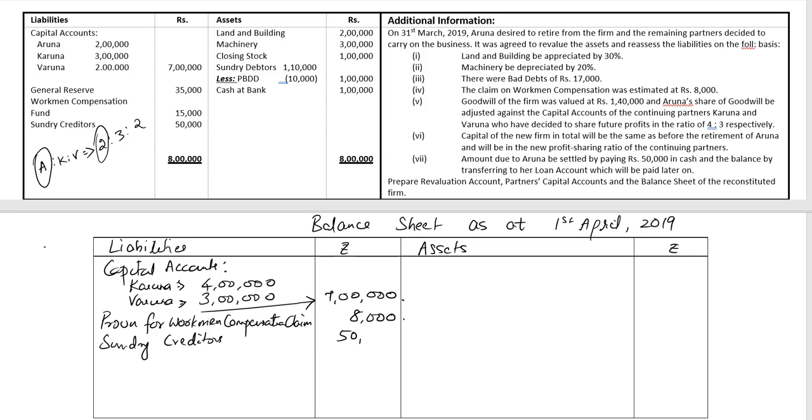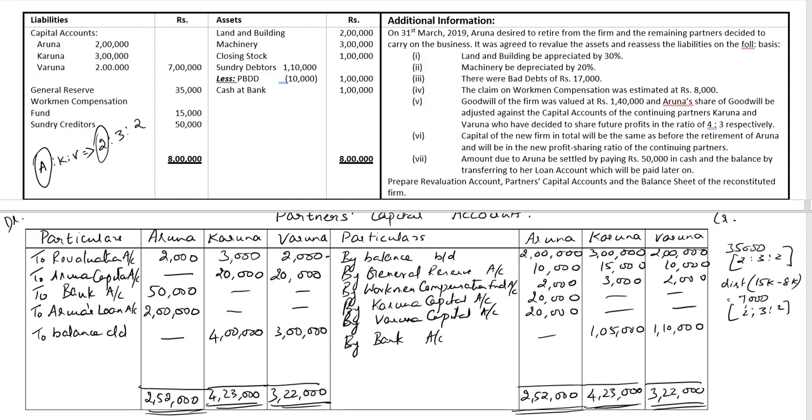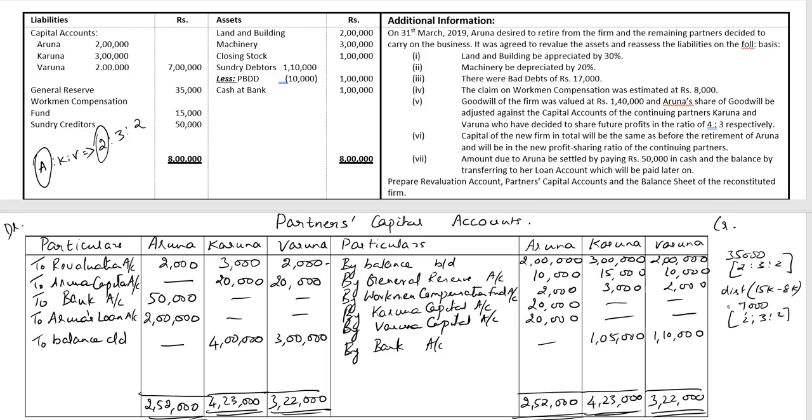It's 50,000 rupees. We'll write down the loan account of the retiring partner, Aruna's loan account. As per the capital account, the amount transferred to Aruna's loan account was rupees 2 lakh.